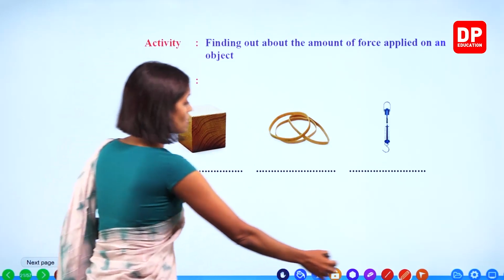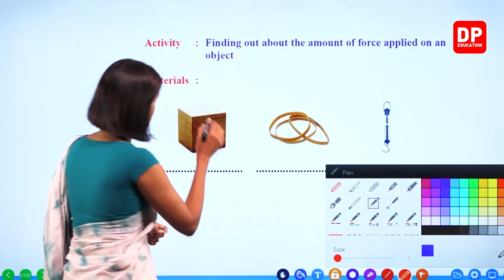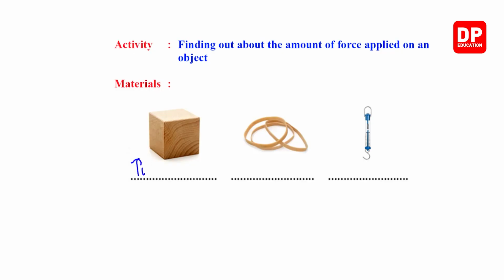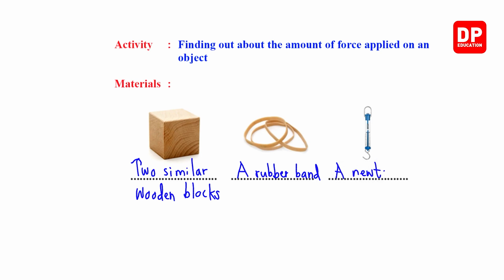Let's write down: two similar wooden blocks, a rubber band, and a Newton spring balance.